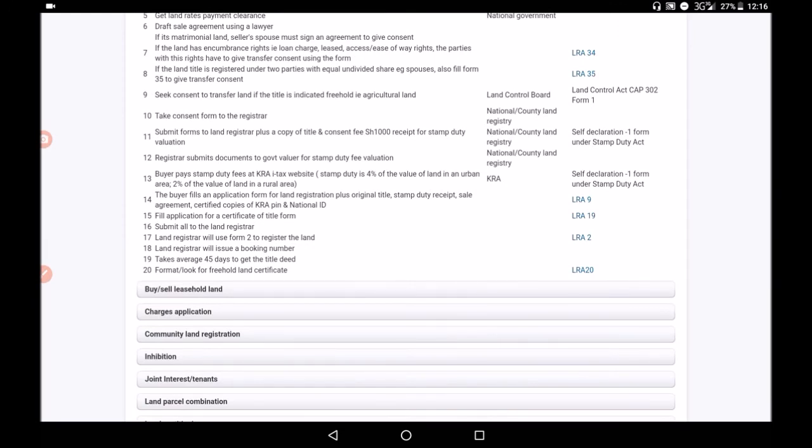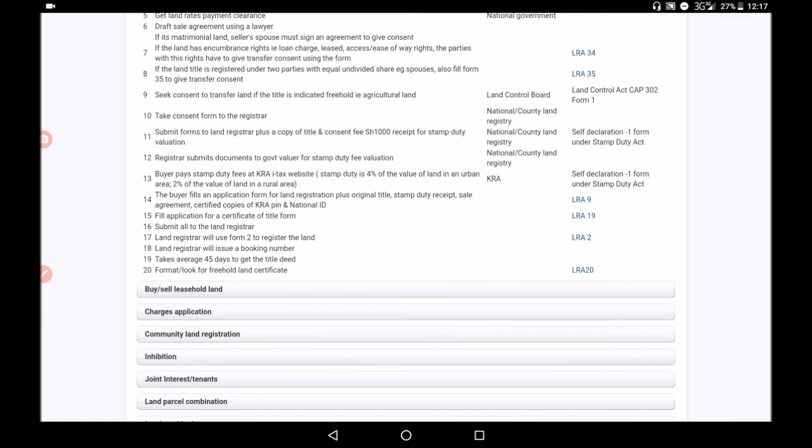Then next, you submit the forms to the land registrar plus a copy of the title plus the consent fee of 1,000 and the receipt for stamp duty valuation.